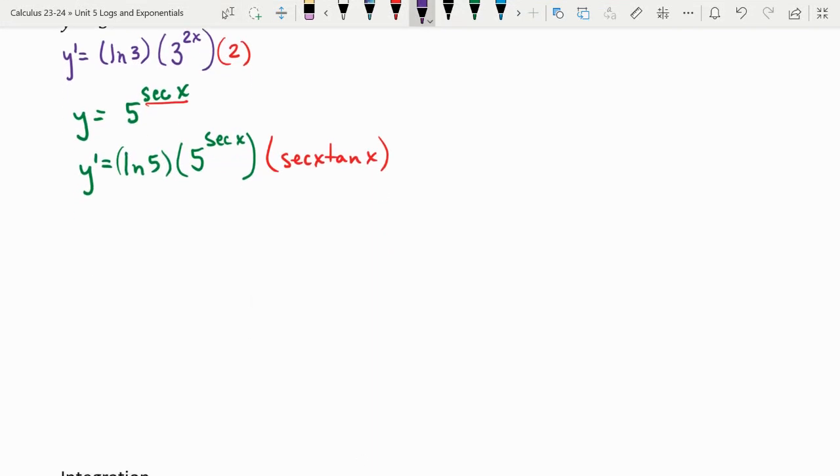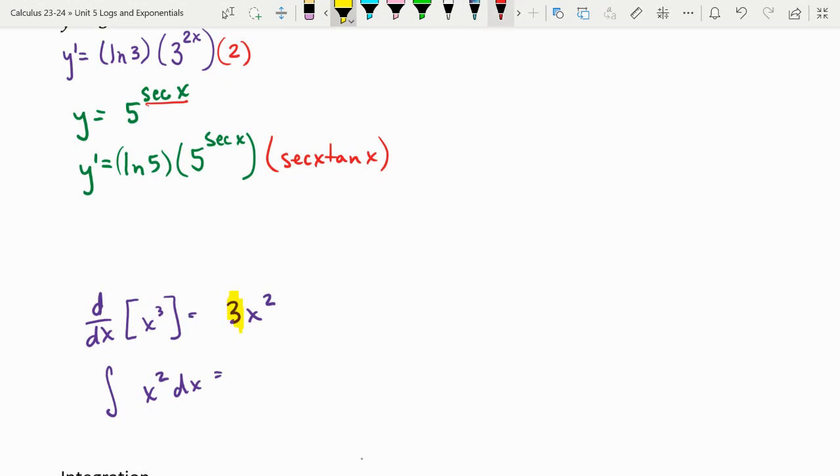If the derivative of x cubed is 3x squared, then remember the integral of x squared dx, we multiplied by the 3 here, and then when I go backwards from my integration, I have x cubed divided by 3 plus c.